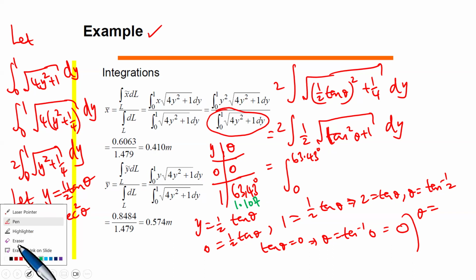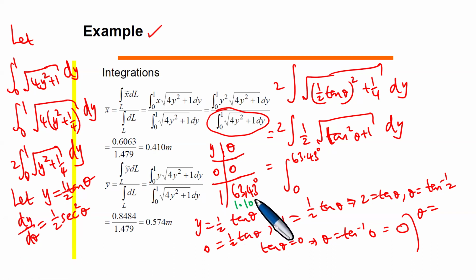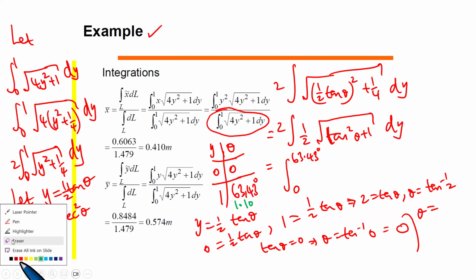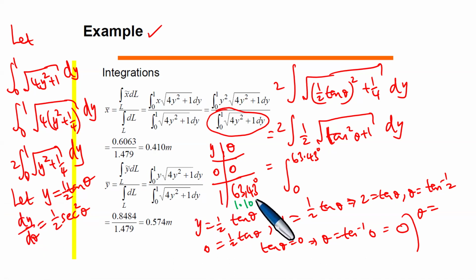The 1.107 is the answer, rather, in radians. Okay, we love radians at university. Let's just do radians, and say it's 1.107.